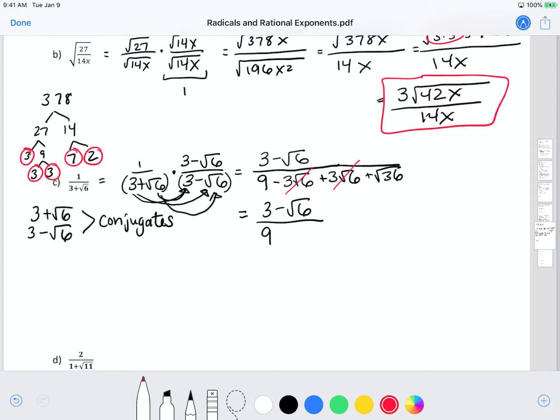That is exactly why we use the opposite sign in the center, so that we can get rid of the middle term when we FOIL. Okay, and the square root of 36 we know is 6. So when I finish this up, I get 3 minus the square root of 6 all over 15.